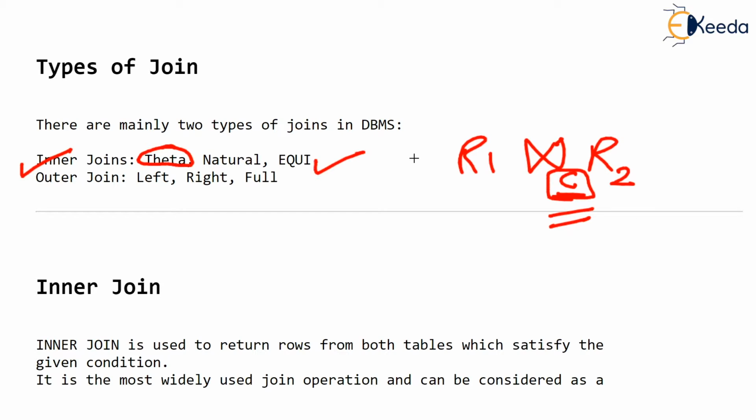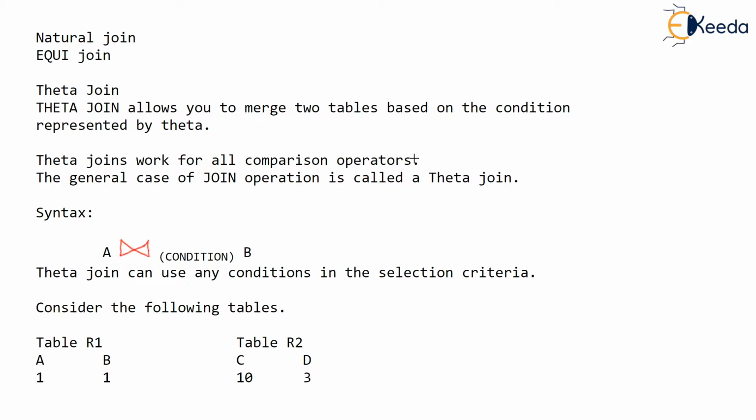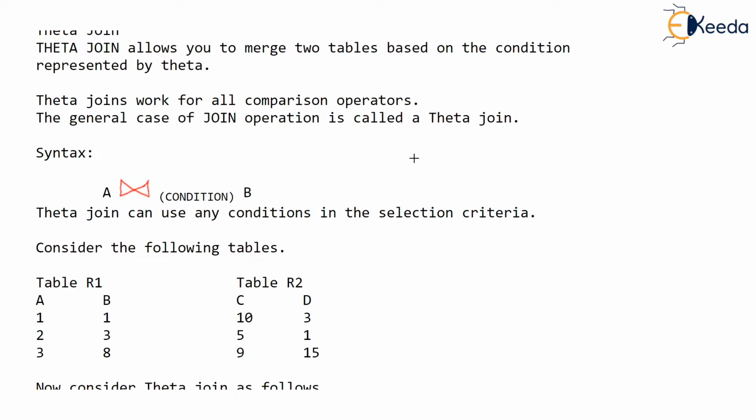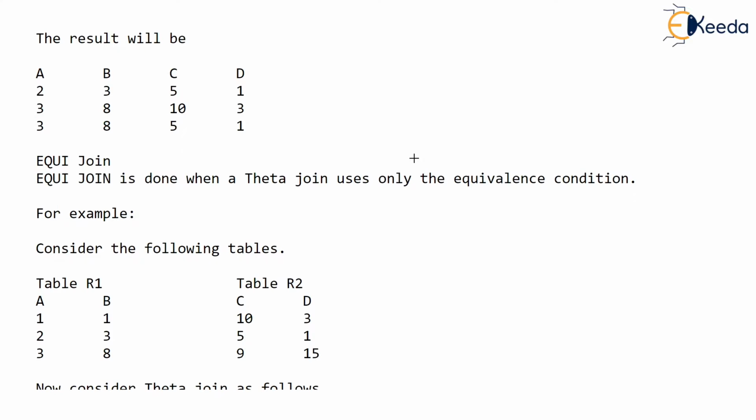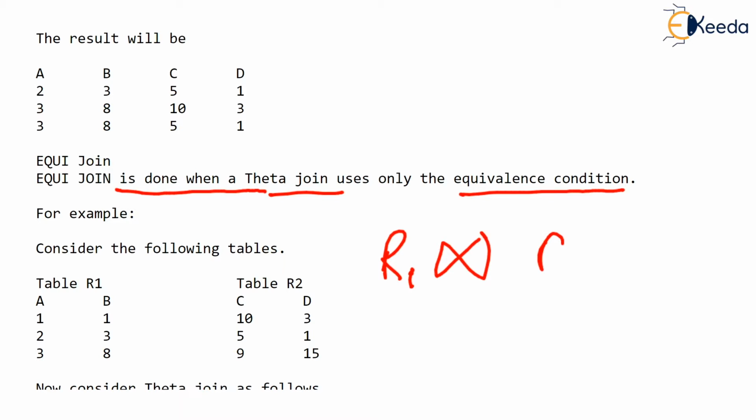Equijoin is very easy once we know what is theta join, because equijoin is simply a special case of theta join. It is done when theta join uses equivalence condition. That means whenever you have R1 join R2 with some condition, and that condition contains something like R1.B equals, just check this operator, equals R2.C.